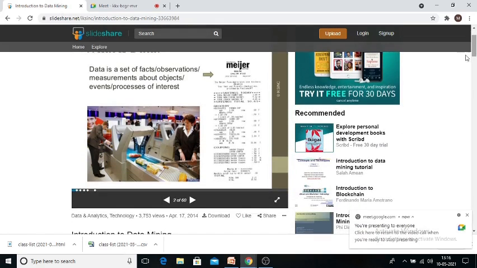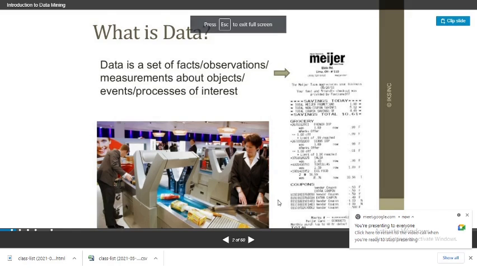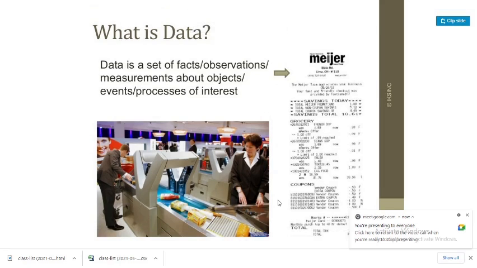Got it? And now we are having one more subject called data mining. Data structure, database management system, data mining, data warehousing, data science.